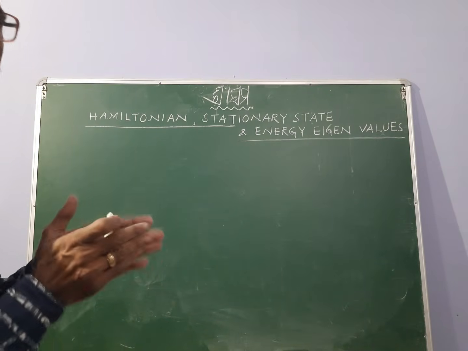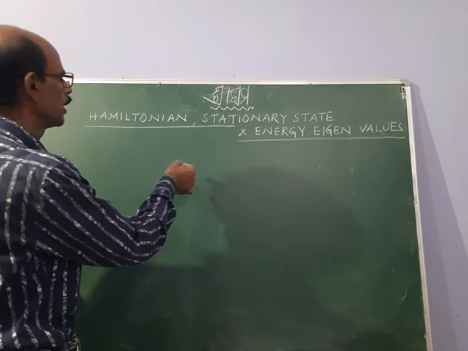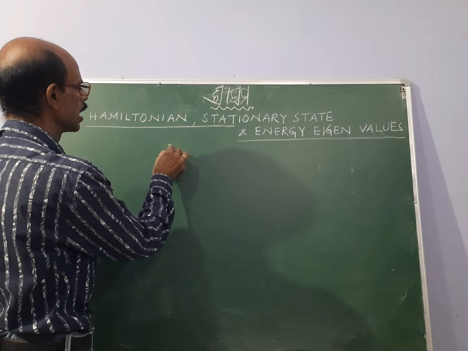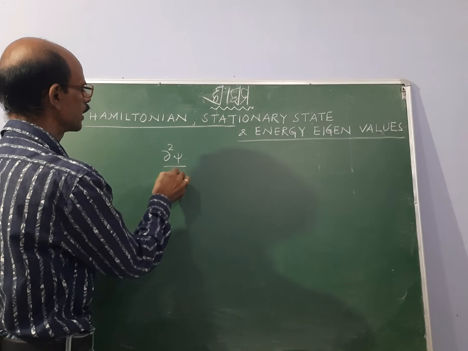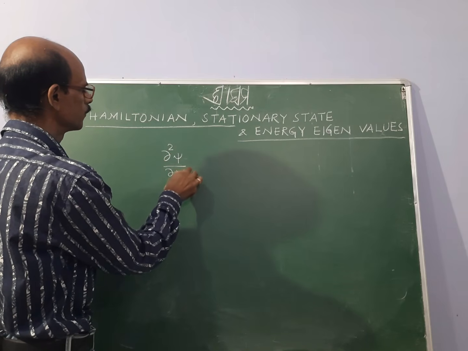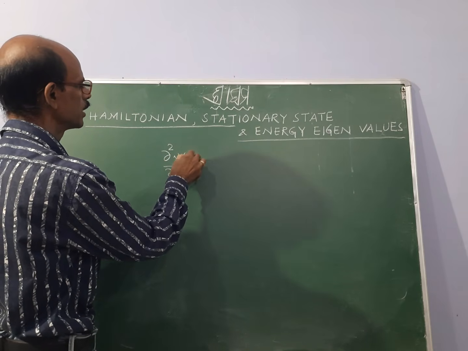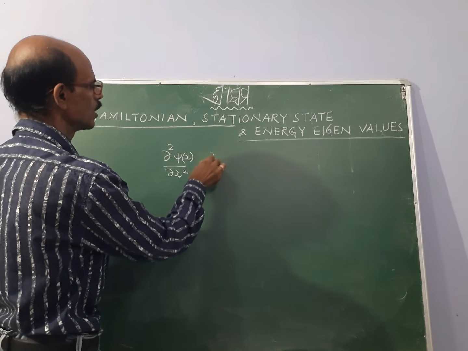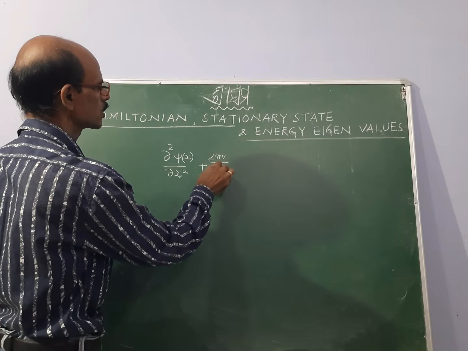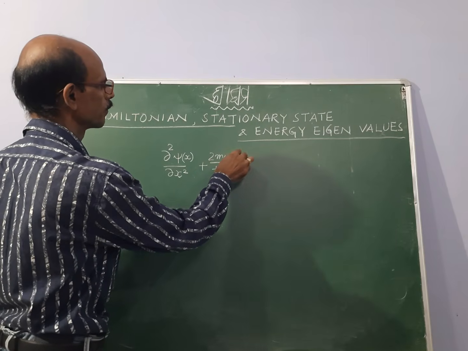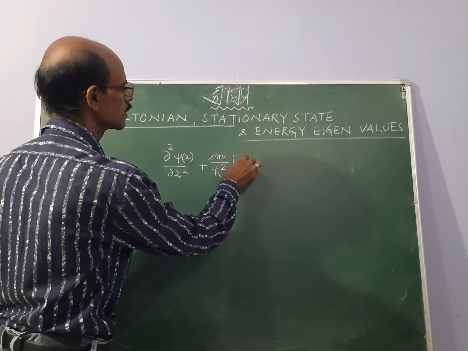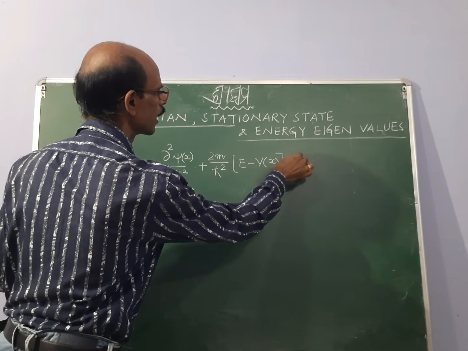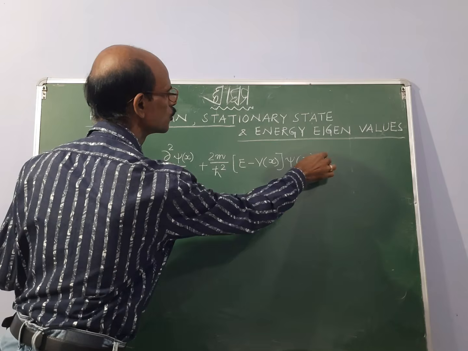Let me write it in one-dimensional form. In one-dimensional form, I can write it as del square psi by del x square, here psi is a function of x only, plus 2m by h cut square (E minus V(x)) psi(x) is equal to 0.